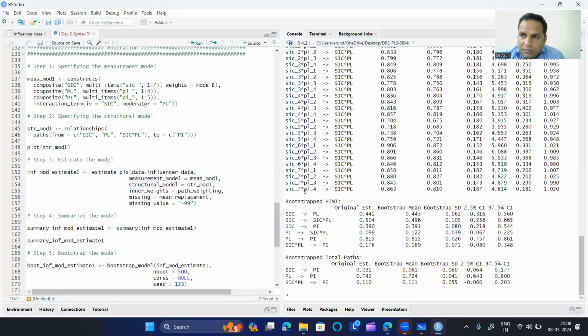But to answer you, can you go for two packages? I don't have a crystal clear answer because I don't know how reviewers might take it. But if you are writing a PhD thesis, Sonam, it's perfectly fine. Results are the same.